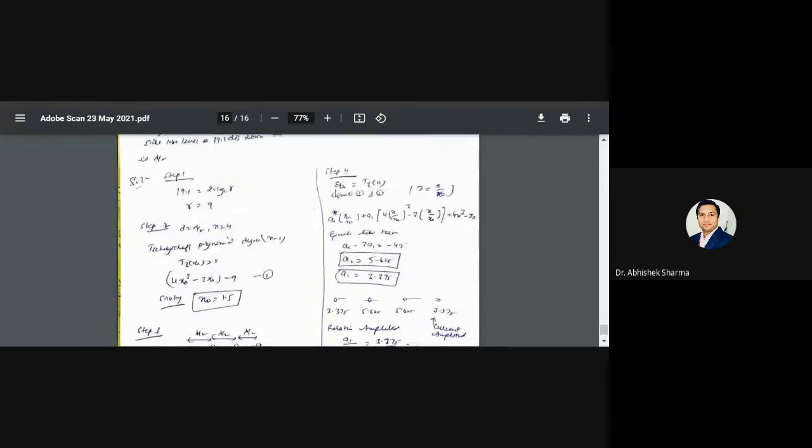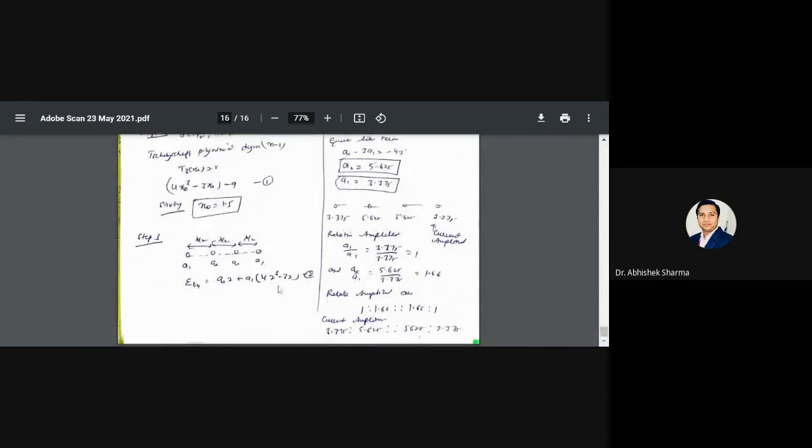So in step 4, we will equate the ET4 Chebyshev polynomial with the array polynomial. So equating ET4 is equal to T3x. So this is your ET4 and this is your T3x.